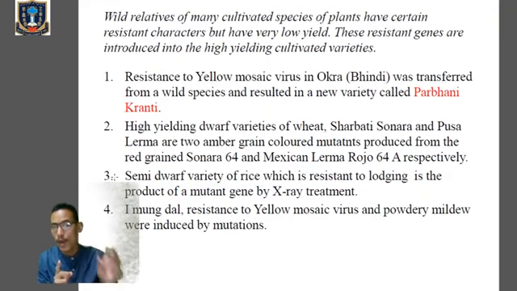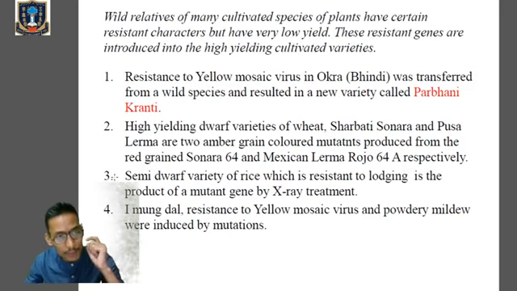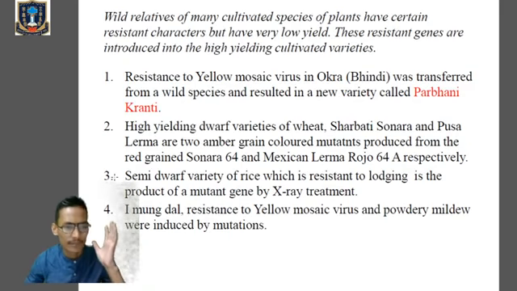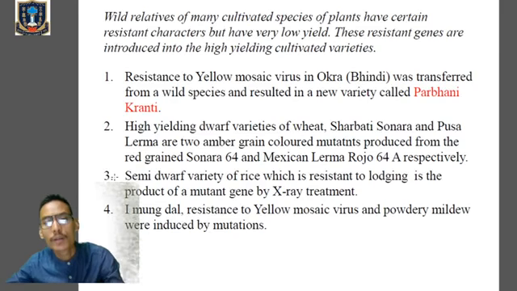Remember carefully, wild relatives of many cultivated plants have the property of resistant character. Either they are resistant to diseases or to pests, but their production is very low. Therefore, these resistance characters or genes from the wild relatives can be introduced into the many cultivated plants or species which have high yielding property.